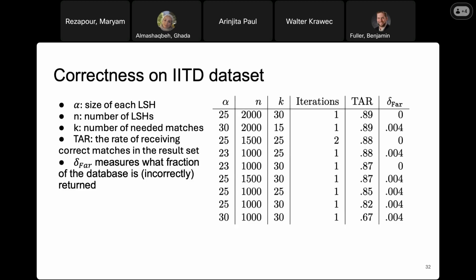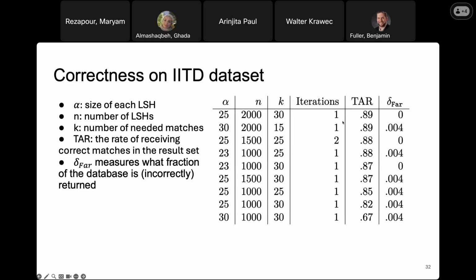The correctness result for the real dataset was that for the setting where the LSH size was 25, we needed 2000 LSHs and 30 matches to be able to decode.